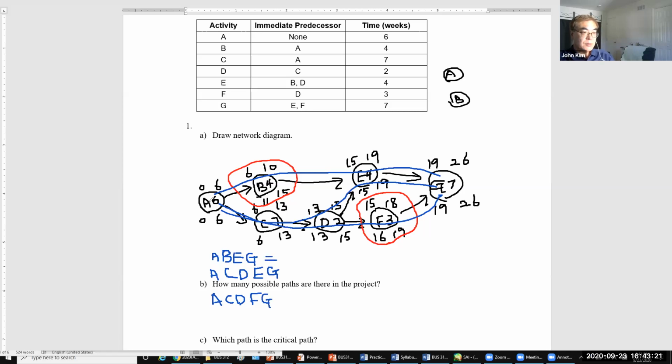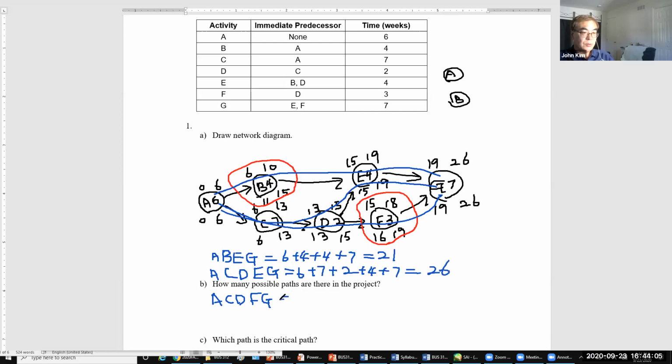Duration of this path, 6, 4, 4, 7, so equals 21. This path, 6 plus 7 plus 2 plus 4 plus 7, 14, 10, 24, 26.